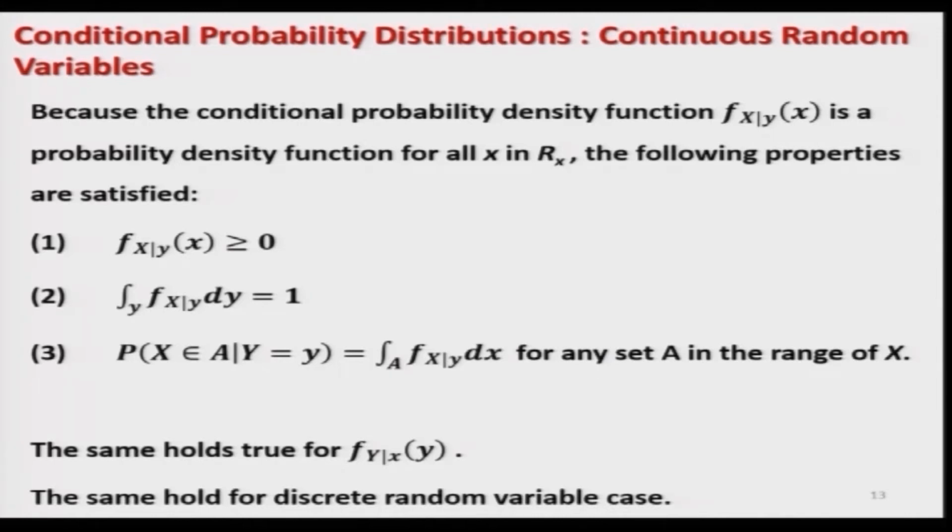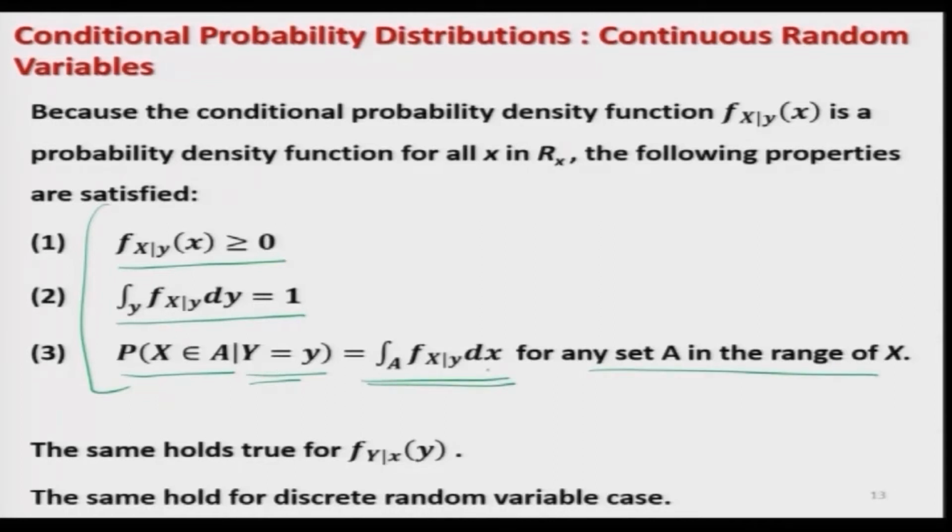So this conditional probability density function will satisfy these three properties exactly the same way as you did in the case of the simple univariate PDF: f of x given y should be greater than or equal to 0; the integral over x of f of x given y dx should be equal to 1; and the probability that x belongs to A given Y equal to y, for any set A in the range of x, can be obtained by the integral over the set A of the conditional PDF f of x given y dx.